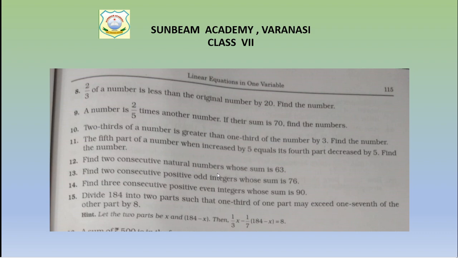So what you will get? Either 1 or 84? Or 18 or 4? Isn't it? You will get some numbers. Now you have to divide it in such a way that 1/3 of one part may exceed 1/7 of the other part by 8.